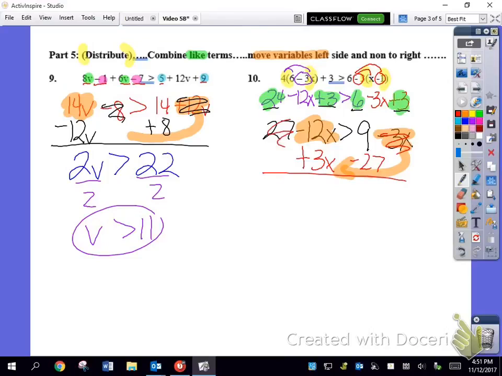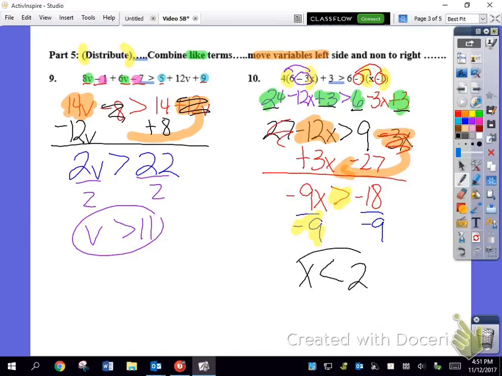So negative 12 plus 3 is negative 9x, is greater than negative 18. The opposite of multiplying is to divide by negative 9. You divide by the exact same thing. And since I'm dividing by a negative, I have to flip my inequality. So x is less than 2. Less than, again, sorry, these had equal sign and mine didn't carry very well. Sorry, that equal sign, you just bring it on down.